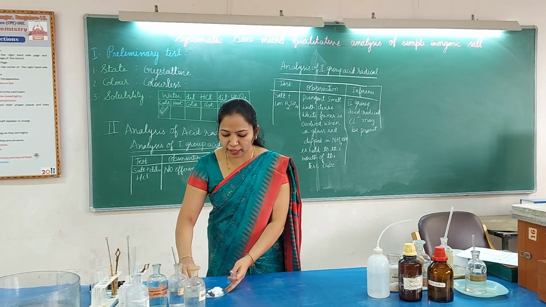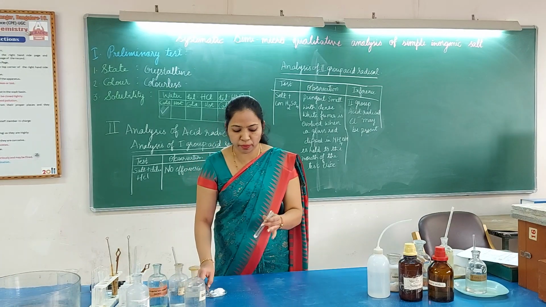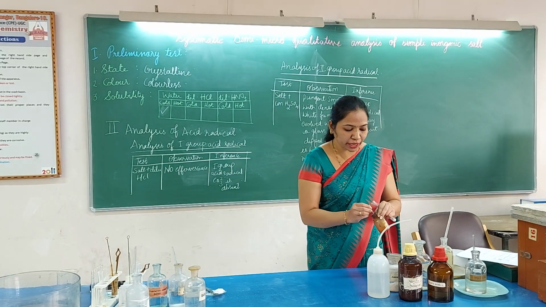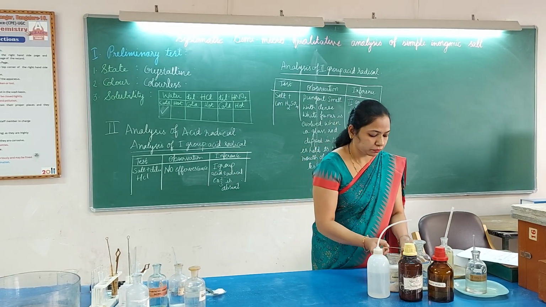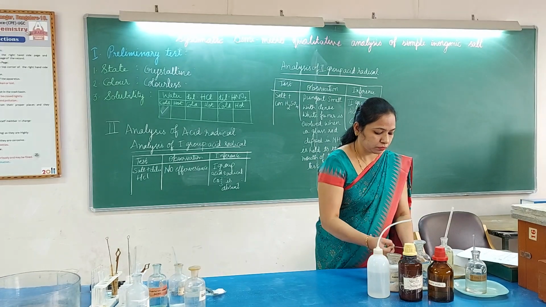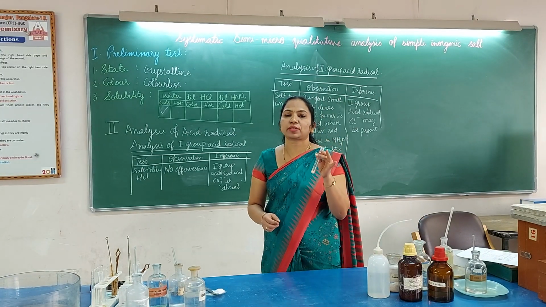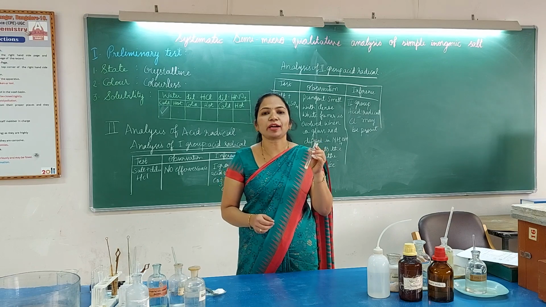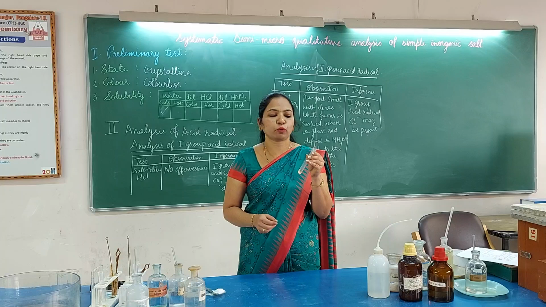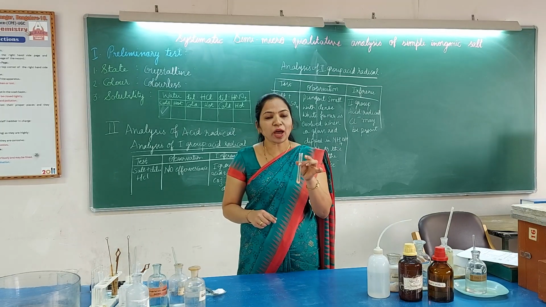So I'm going to take salt in a test tube, and to this I'm going to add potassium dichromate crystals. I have added potassium dichromate crystals. To this you have to add concentrated H2SO4. When you add concentrated H2SO4, you can see orange fumes evolved.